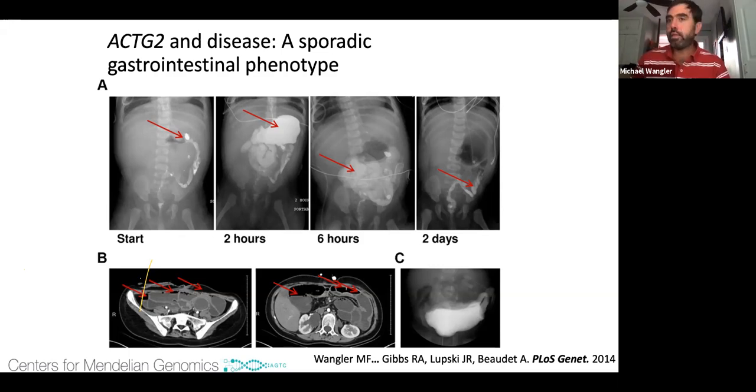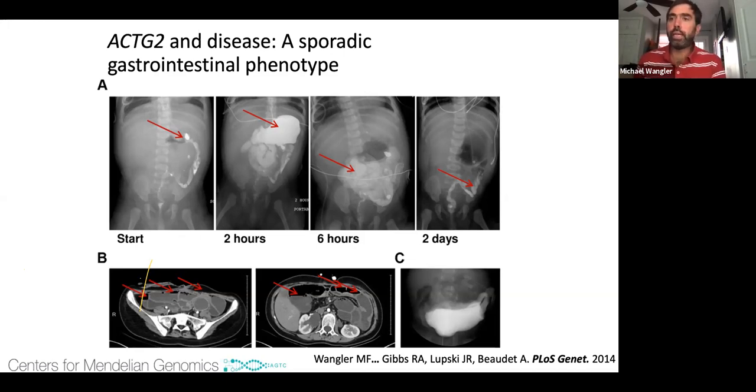But if you take away the function of your smooth muscle, it's a really terrible phenotype. It's a really hard thing for these families to go through. You depend on your smooth muscle for every bite of food, every time you go to the bathroom, and even the contraction of your pupils are all dependent on smooth muscle.